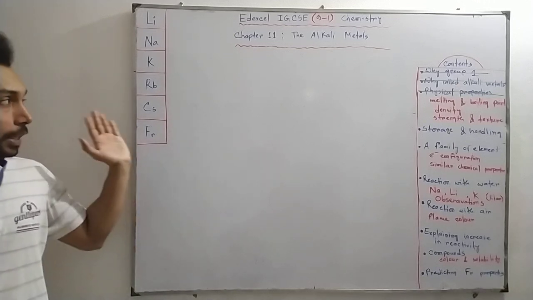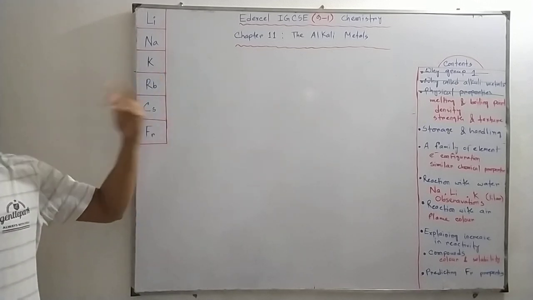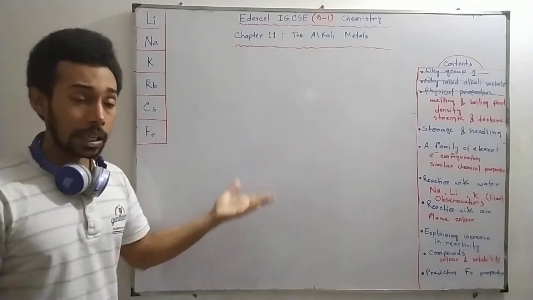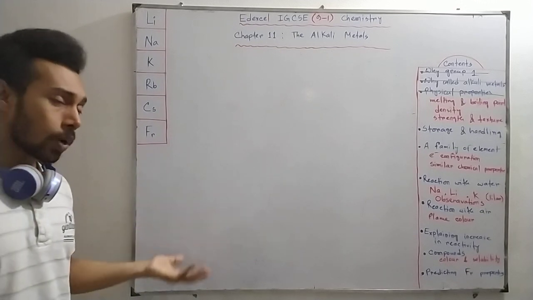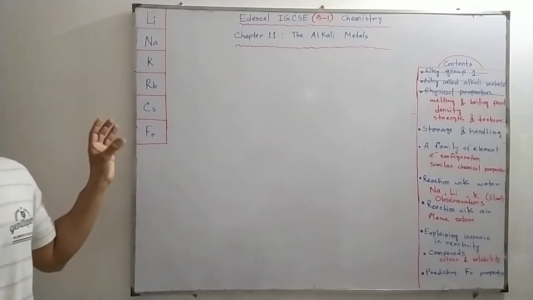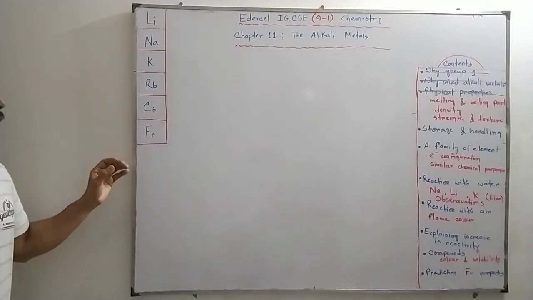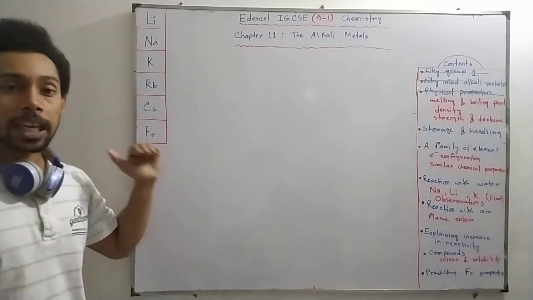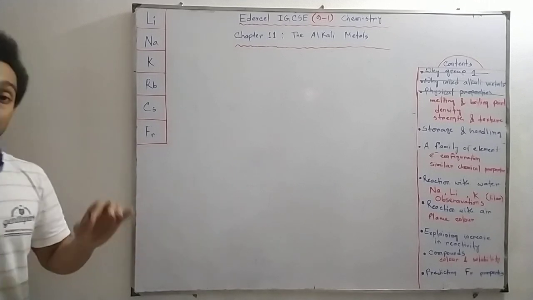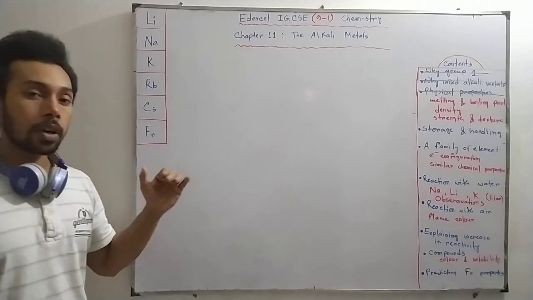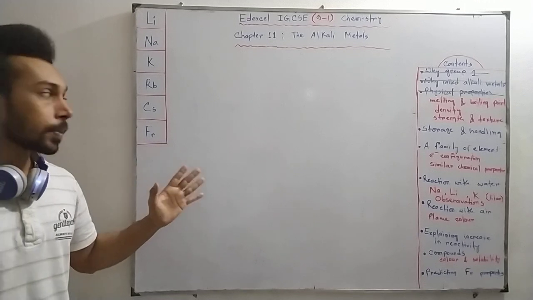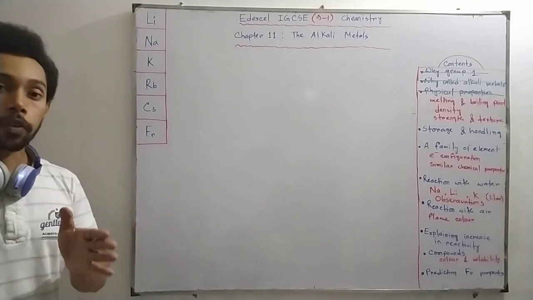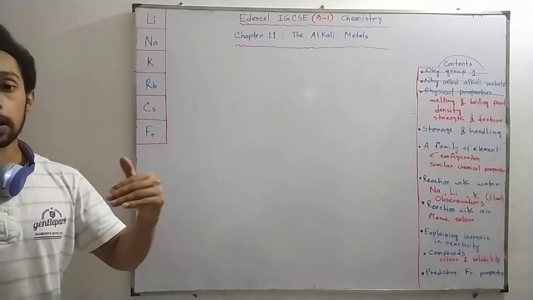Since they react readily with air or water, they have to be stored very carefully. That's why lithium, sodium, and potassium are kept under oil, to keep them apart from oxygen or air.